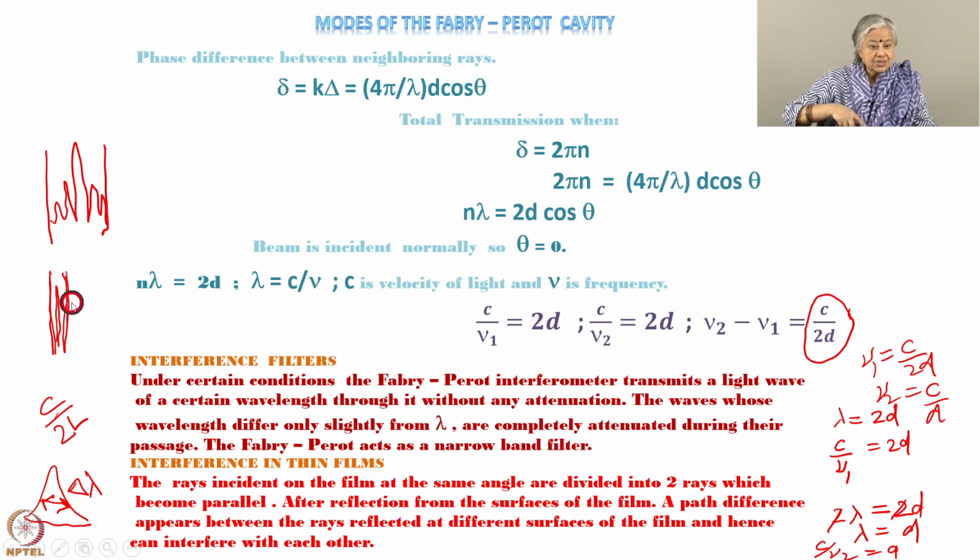And I select just one mode. So though there are other wavelengths within it, I am able to make it work like a narrow band filter. That is the importance of a Fabry-Perot.